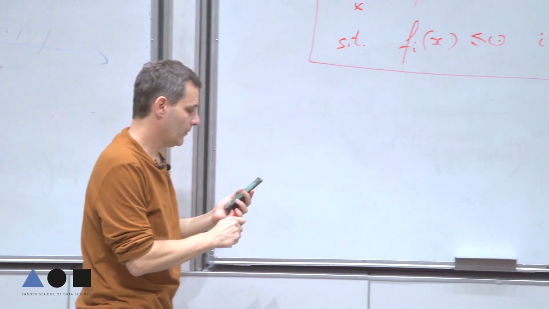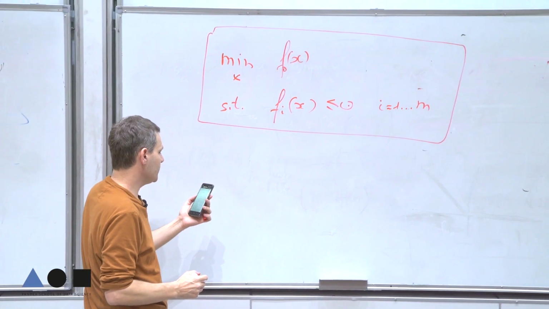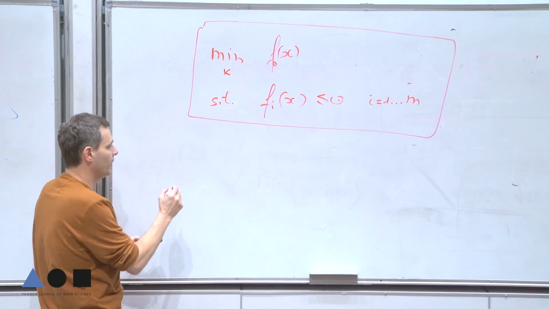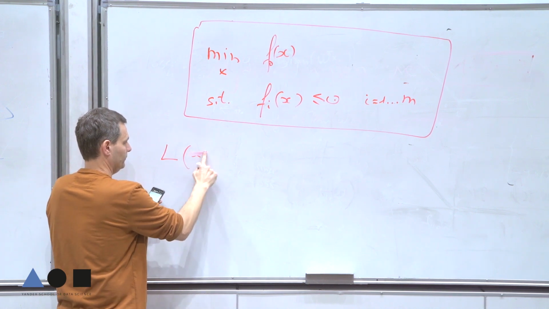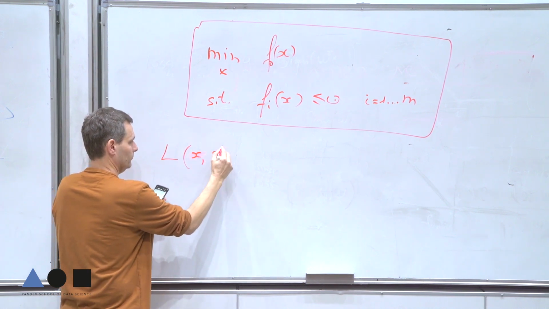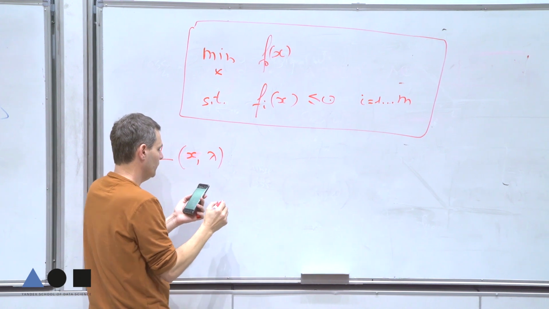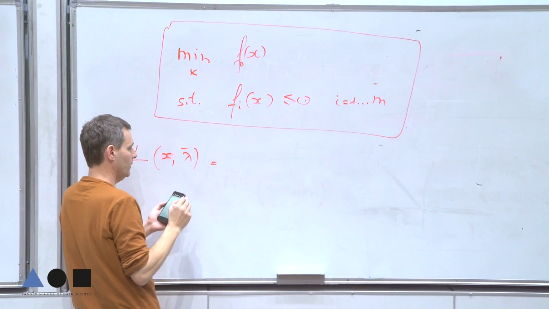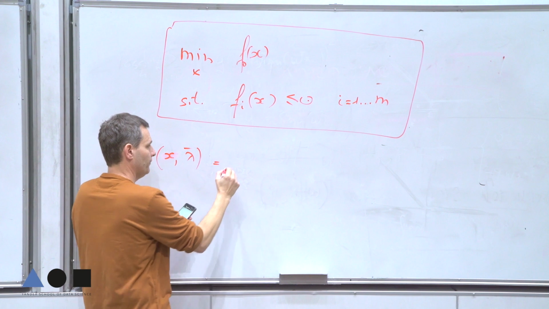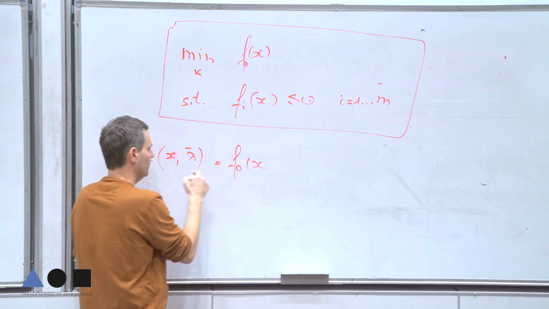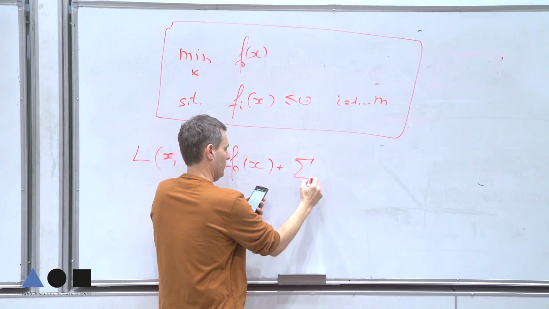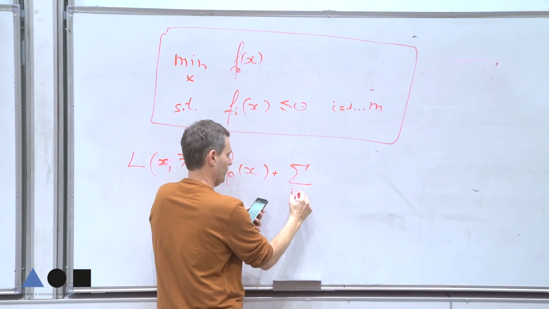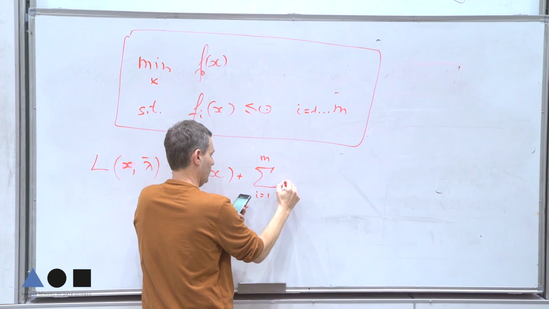So the idea is that you define the following function, and this lambda is going to be a vector. We're going to define this Lagrangian.